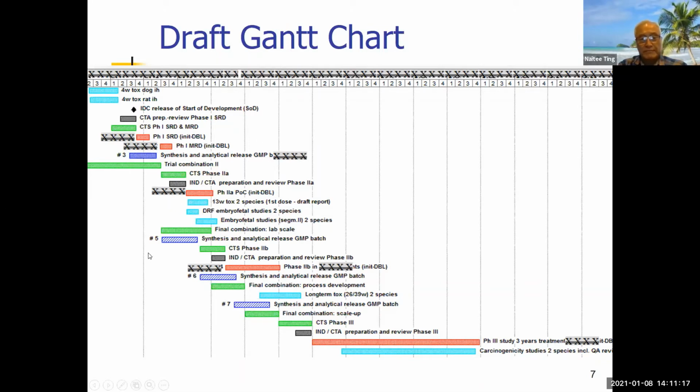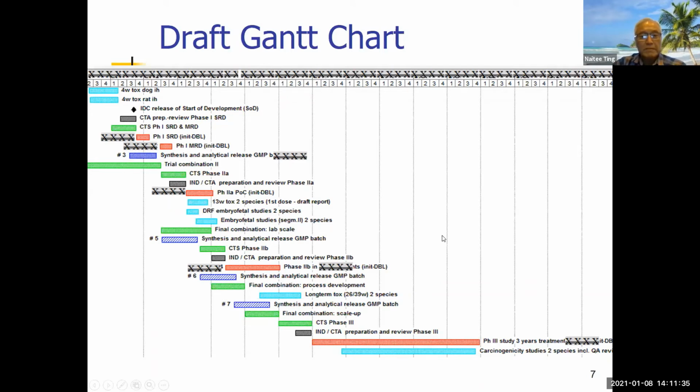It takes quite a bit of time to get a drug developed into a successful drug, so we can submit the NDA, new drug application, and eventually, hopefully, the drug is efficacious and safe, and FDA can approve it.